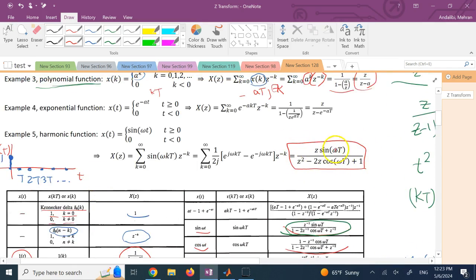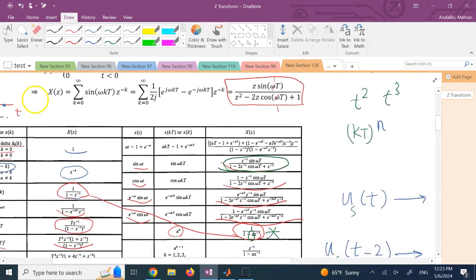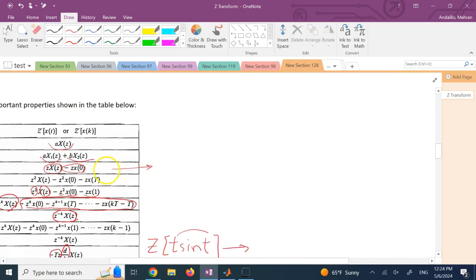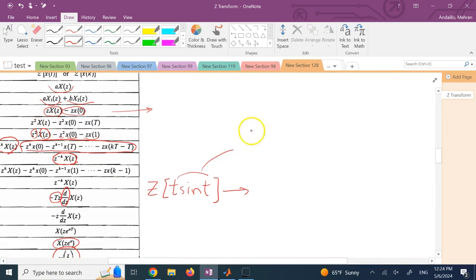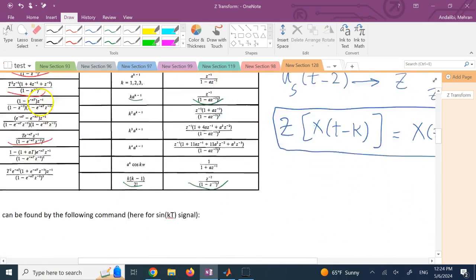But since it's t, so this is just going to be 1. So it's going to be z sine t over z squared minus 2z cosine of t plus 1, if I'm not mistaken, yes.